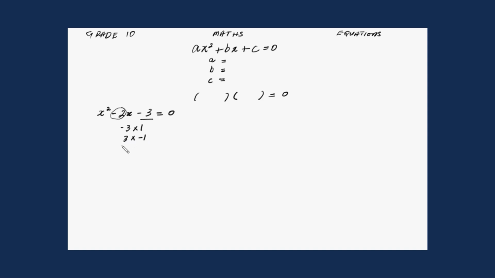Okay, now when you look at this, you can see that minus 3 plus 1 is equal to minus 2, and then 3 plus minus 1 is equal to positive 2.